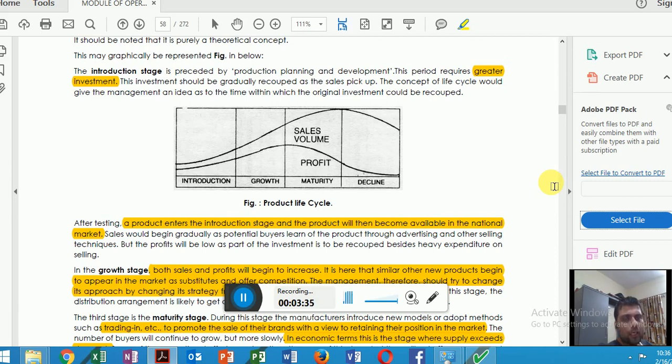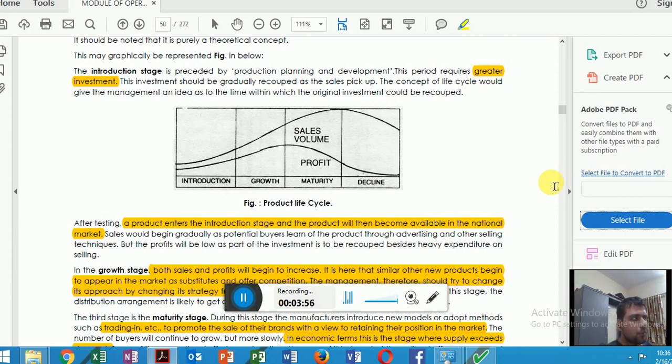I want to tell you here, the product which is going to be launched by the company in the market is at its introductory stage. The company doesn't know how much profit will be earned by the product. So as a result, in this particular stage, the product requires a greater investment.